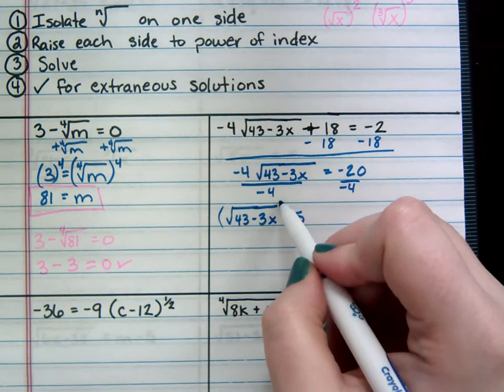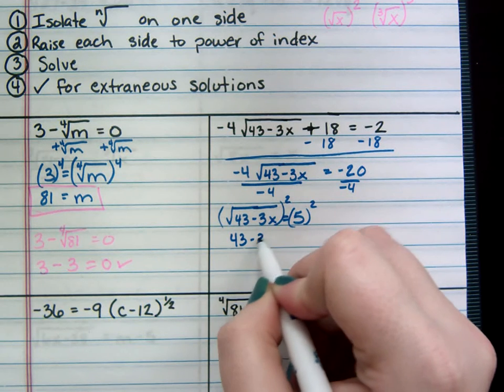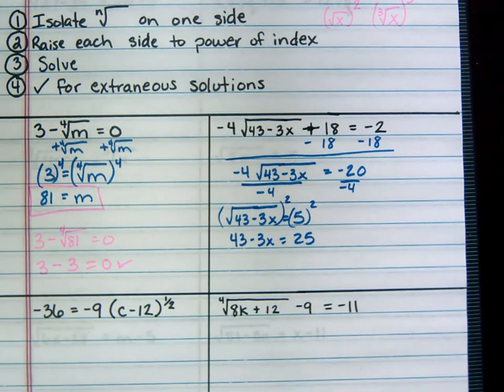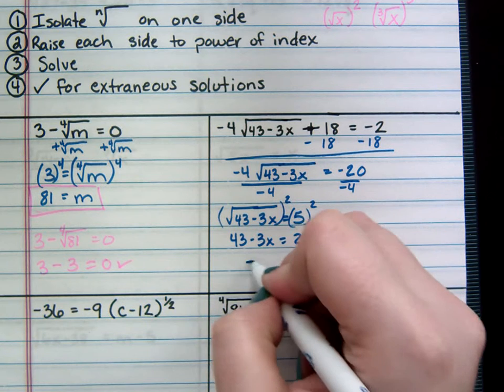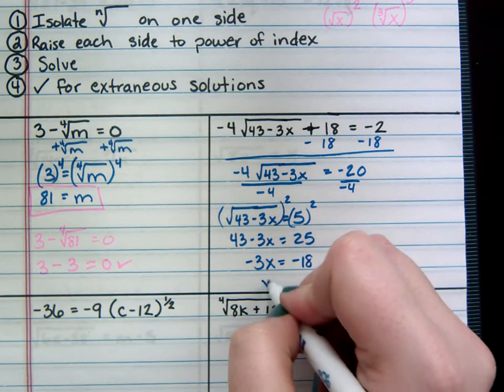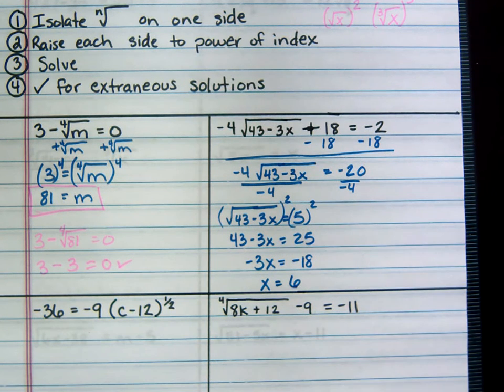Now we have to square both sides to get 43 minus 3x equals 25. Next step, you subtract 43 from both sides. 25 minus 43 gives us -18, and then you divide both sides by -3 to get +6. Now you must check your answer.